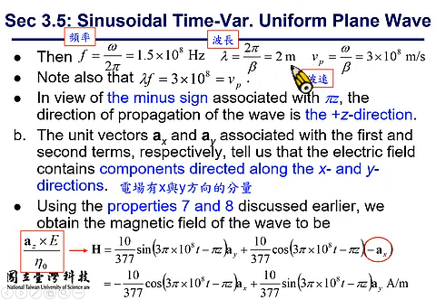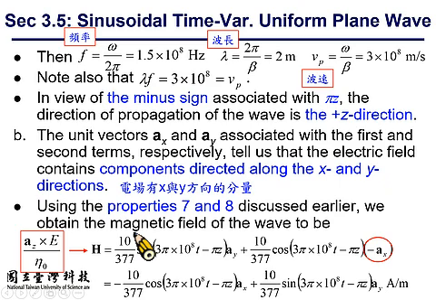And the phase velocity can be found as either the product of lambda and f or omega over beta, which are both 3 times 10 to the 8th, a rather familiar number we have for electromagnetic wave.